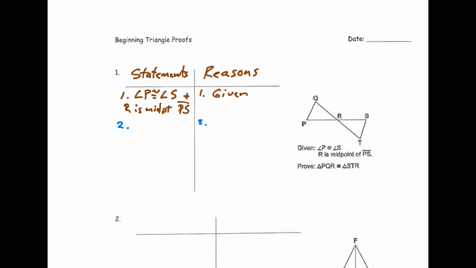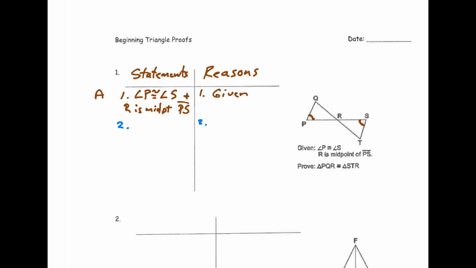All right, so now we want to absolutely mark anything that we know. So we know angle P is congruent to angle S, and we know R is the midpoint of segment PS. So we were given one angle here, and let's see now if we can find the next thing that we can do. So remember, we always want to use our givens.